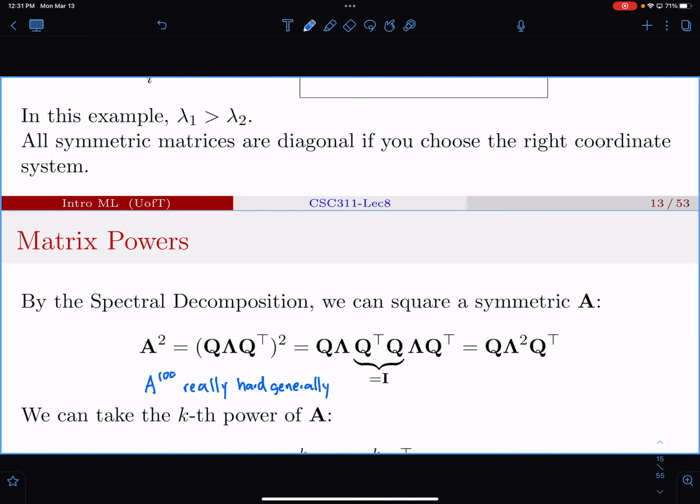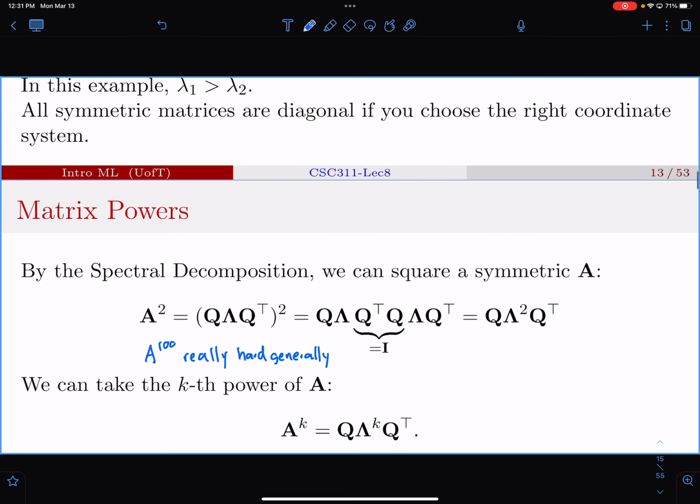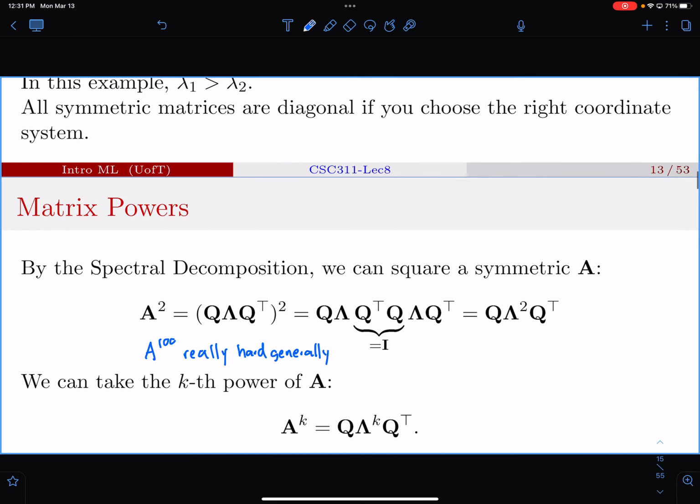The trick we generally use when we have this A to the 100 term is to shift things to the eigenbasis, because in the eigenbasis, matrix exponentials just become exponentials of each component of the matrix. And that has a nice interpretation. In particular, if you have A squared, for instance, we end up with Q lambda Q transpose Q lambda Q transpose.